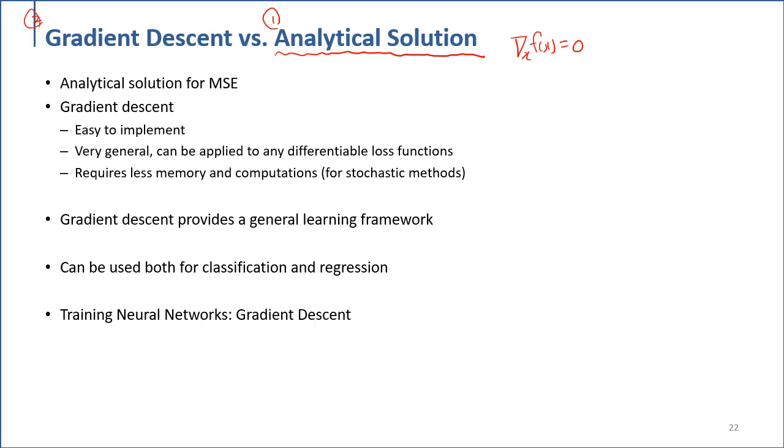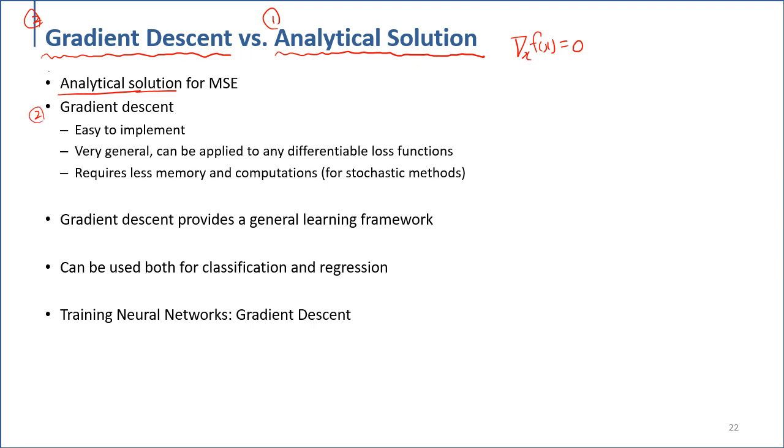And the second way is the gradient descent approach, where we iteratively find the solution by computing the gradient repeatedly. For a problem where you are able to obtain an analytical solution, of course, the direct solution is the best way.